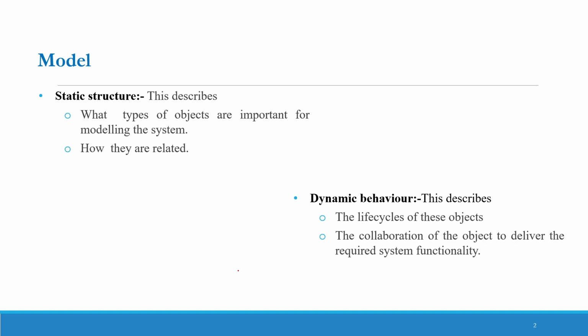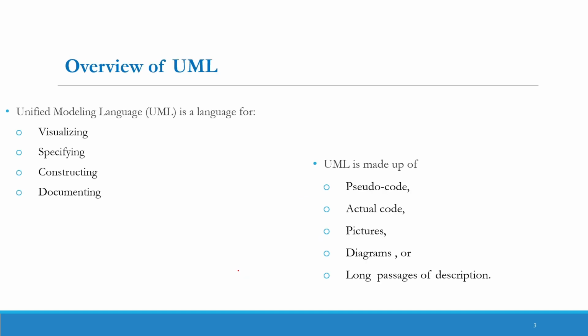The system has behavior, and this behavior is represented by the dynamic model. The other thing is the functionality of the system, which is represented by another model, the functionality model. So in short, a model is a representation of the system abstractly before it is constructed.